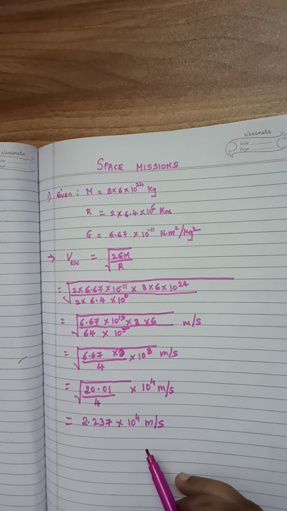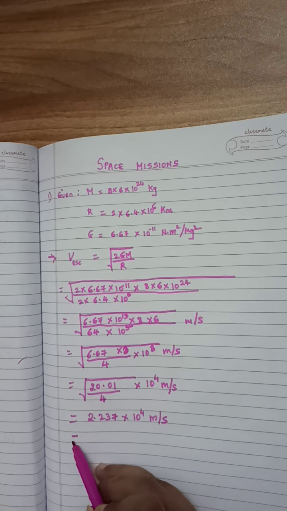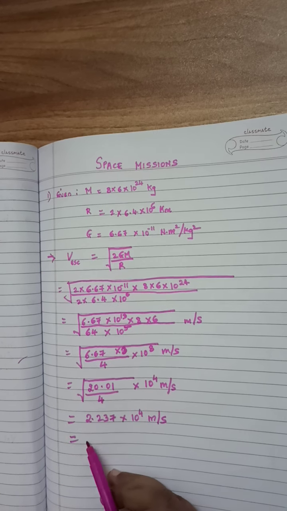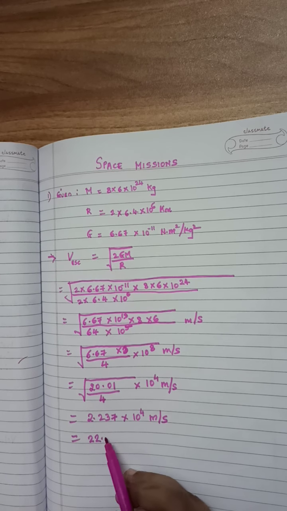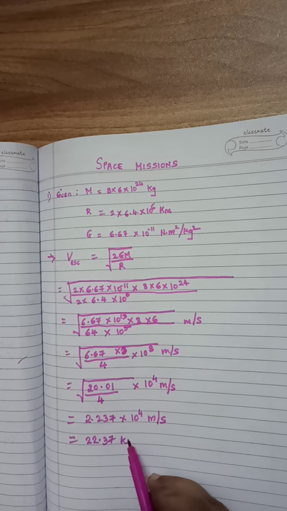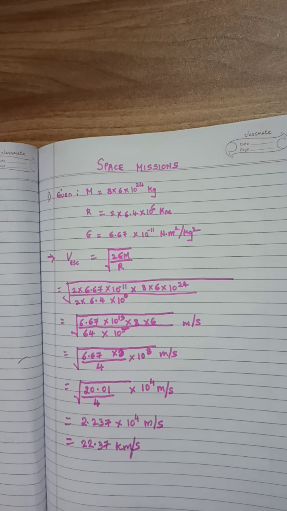So you take the approximate value. Because of this 10 raised to 4, the point will shift. So it will become 22.37 kilometer per second. And this is the final answer. I hope children the sum is clear to you all.